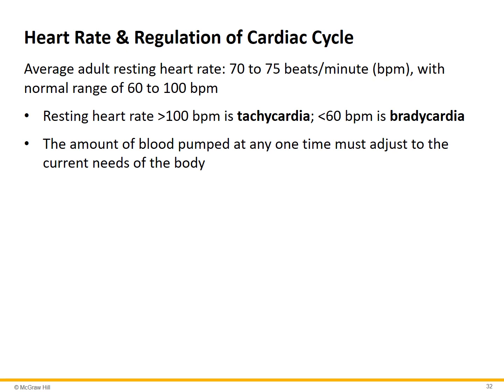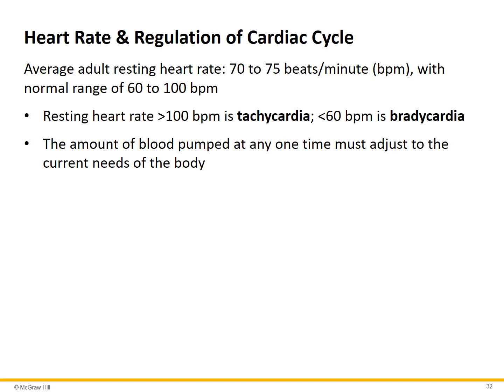I think younger children, their heart rate is higher, right? But if your resting heart rate is above 100, then that's considered to be tachycardia.